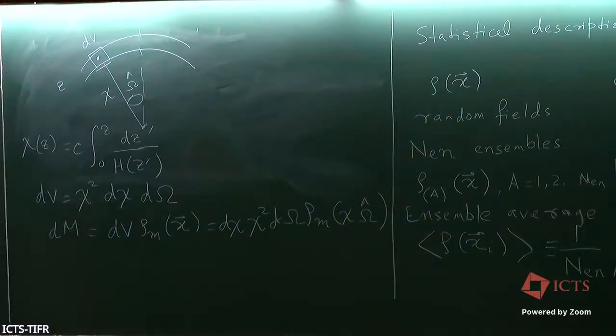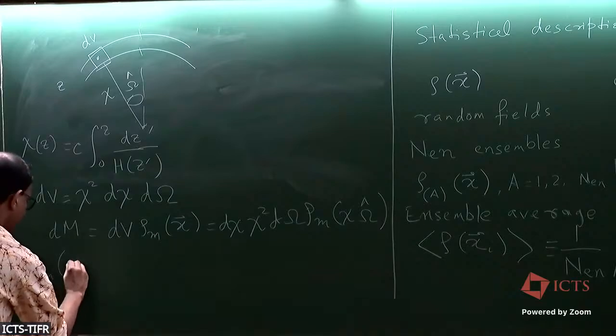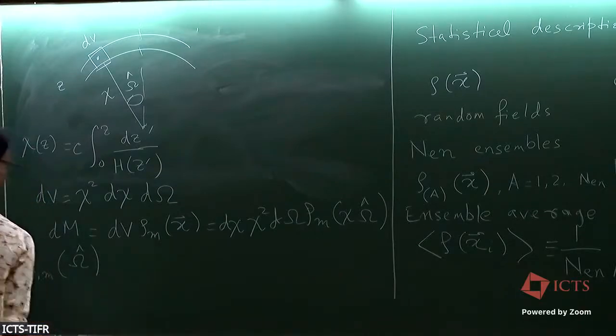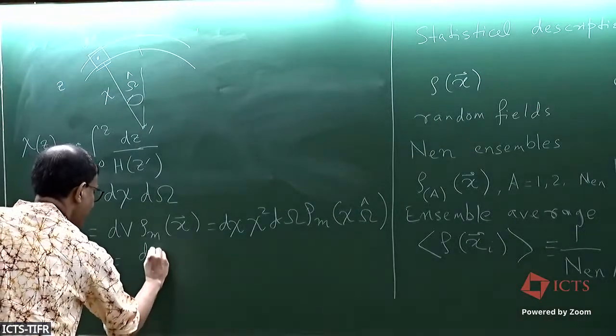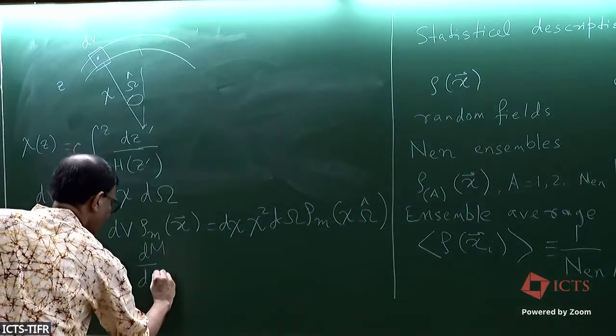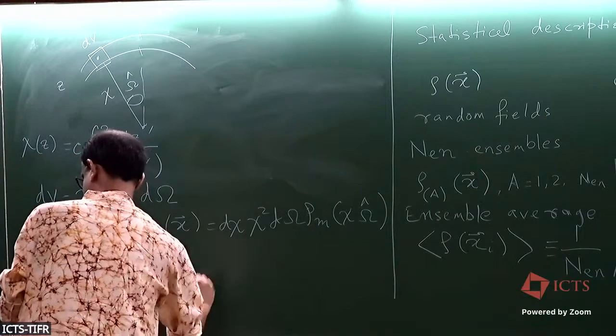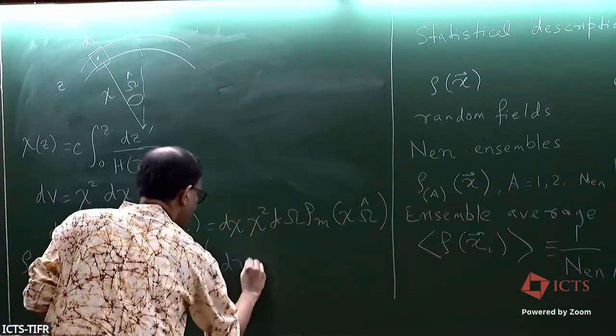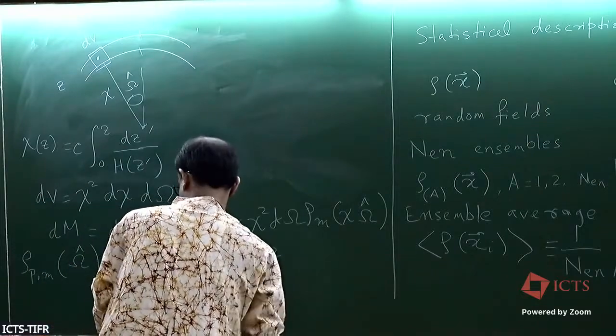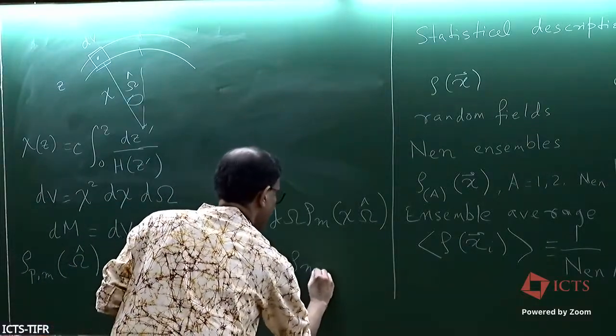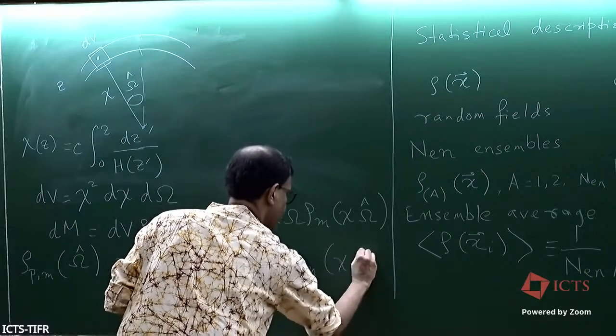So it will be, let's call it rho projected, I'm also putting a matter here, of omega. That is like this dM by d omega. Mass per unit solid angle. So that is like the surface density, and that will turn out to be, you have to now integrate over all possible distances because you don't know what they are. Rho m, right.